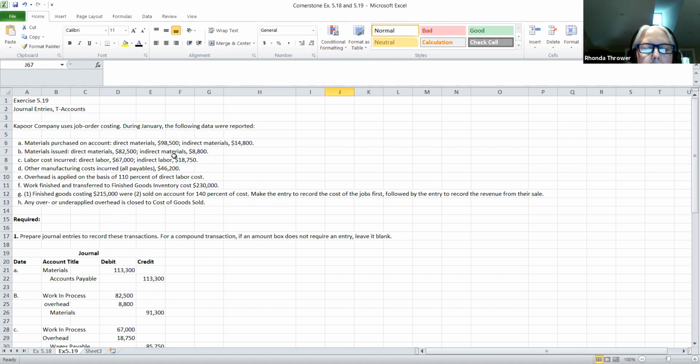My indirect materials, which are a part of the factory overhead, would become a part of the overhead account. In this chapter, they don't use factory overhead, they just use an overhead title, but it's the same thing. So if you hear me saying factory overhead, it's just because it's a holdover from ACC 121. The overhead account and the factory overhead account are one and the same.